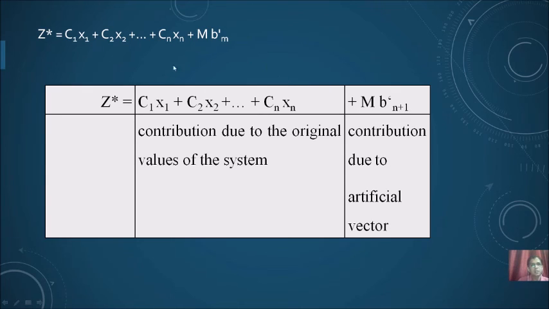Now this is your contribution due to the original values in the system, because up to xn were our original decision variables.